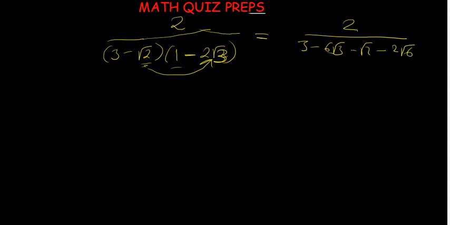Do you know how the root 6 is coming? You multiply what is inside. It's supposed to be positive 2 root 6. Yes. Okay.